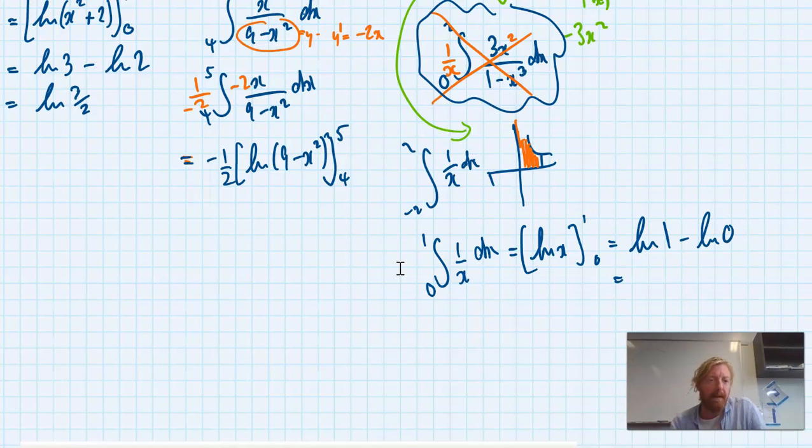Ln 1, e to the power of 0 is 1. E to the power of what is 0? No, this does not work either. So if you do both sides, it might spit out an answer, but it's not going to be correct. If you actually integrate on the asymptote, it's not going to work.